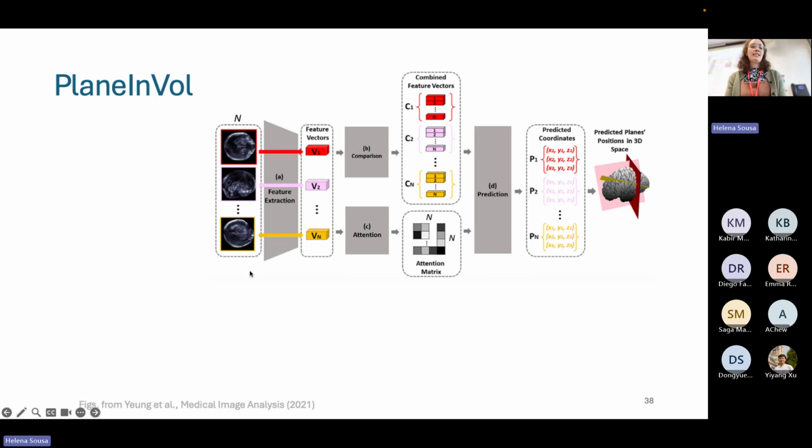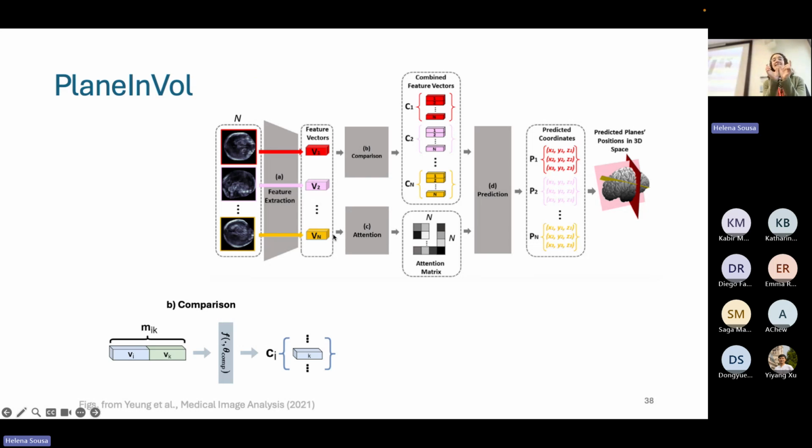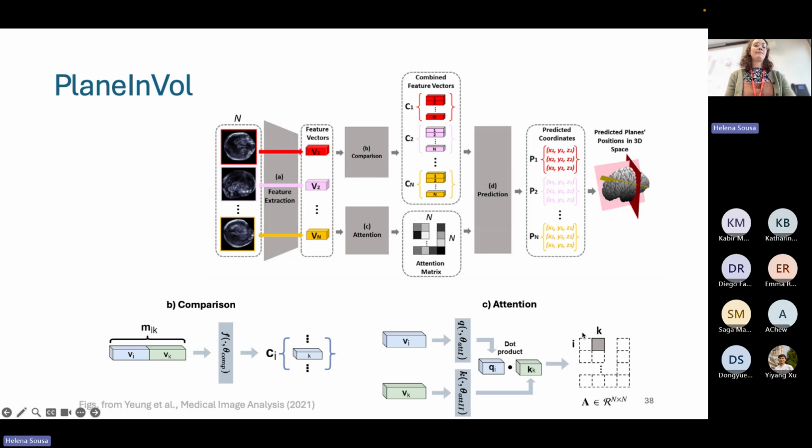So the architecture has a CNN for extracting features for every frame of a given subject. And then they have 2 modules. They have a comparison module where you concatenate pairwise feature vectors from all of your input frames and pass these through a fully connected layer. And then they have an attention module, which is looking at the relative attention between pairs of your feature vectors, effectively.